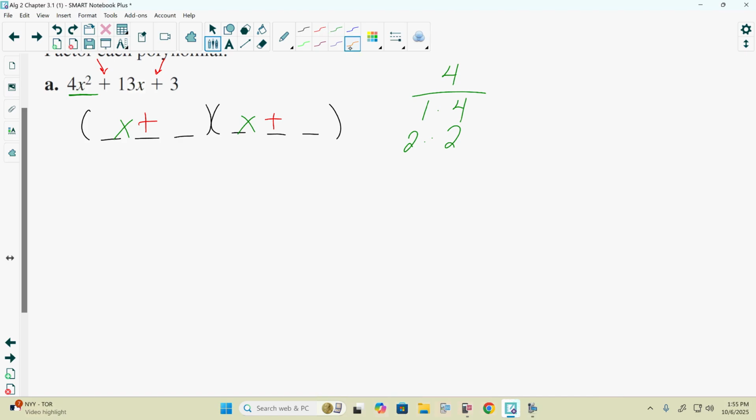Now I could have said factors of 4x squared are 1x and 4x, and then 2x and 2x. But if we notice, whichever one we pick, x is going to have to be a part of both of them, yes? So at that point, I might as well just throw the x's in the first spots because that's where it's going to go, and just worry about the factors of 4. 1 and 4 or 2 and 2? 2 and 2.